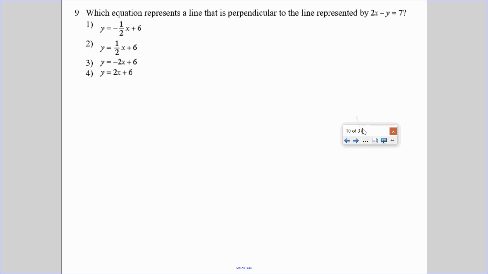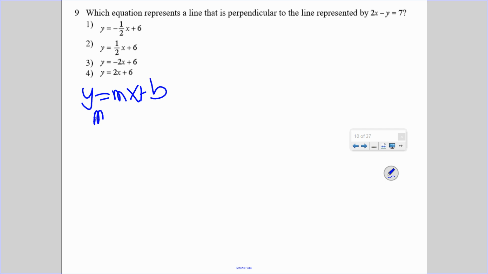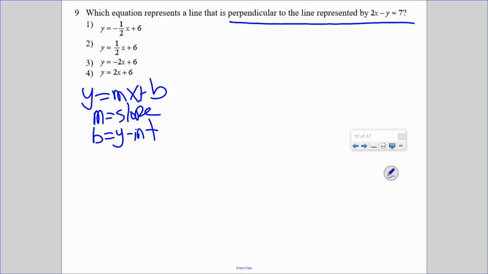So write the equation of a line. The standard form for the equation of a line is y equals mx plus b, where m is slope and b is y-intercept. So I don't know what the slope is, but I know it's perpendicular to this line.